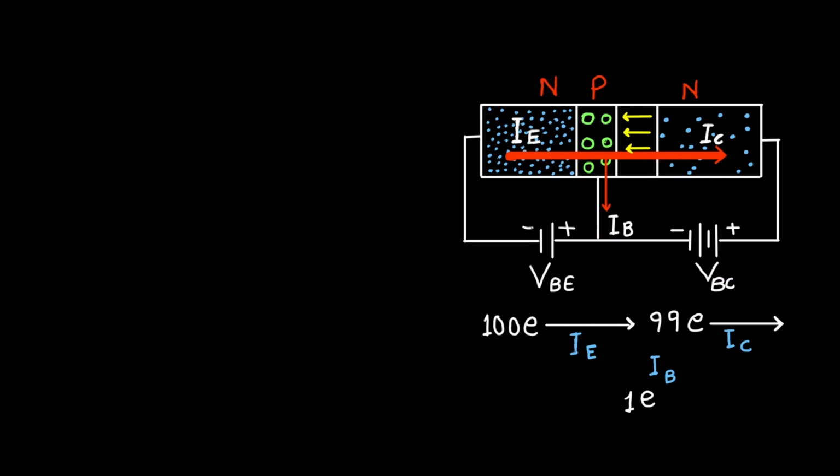If we provide this voltage, the current will start in this transistor. The current will start from the emitter, where we have more impurities, and since it is forward biased, the current starts from the emitter, which we call IE. Some of the electrons, the majority charge carriers, will cross this p-n junction because of the forward biasing and reach the base.